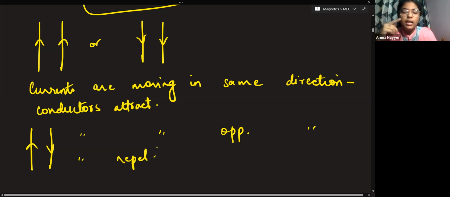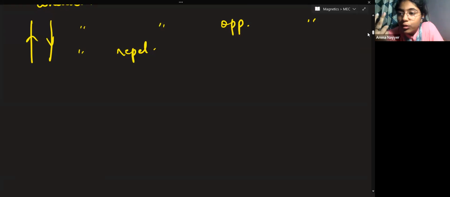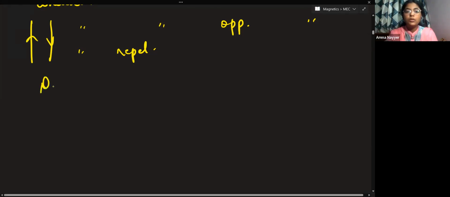Now, one more thing that comes in it is to define 1 ampere. If the exam says, using the force between two parallel conductors, define 1 ampere, then do it this way.